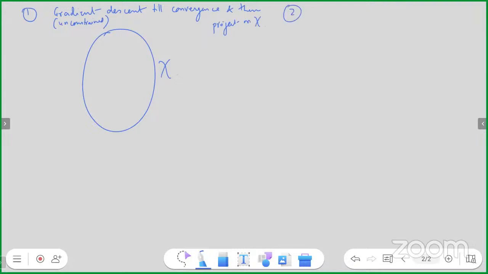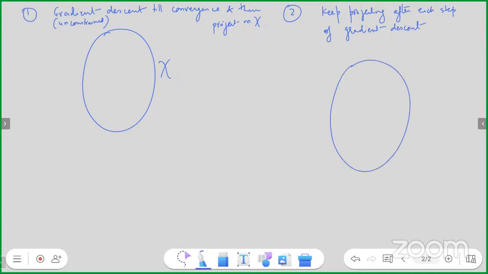Number two is keep projecting after each step of gradient descent. So how will this look? Same x.